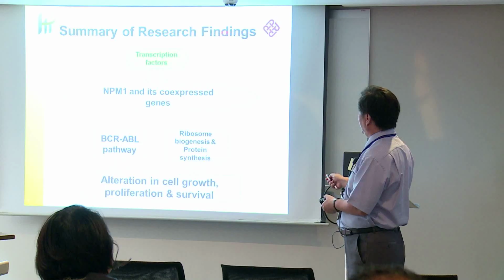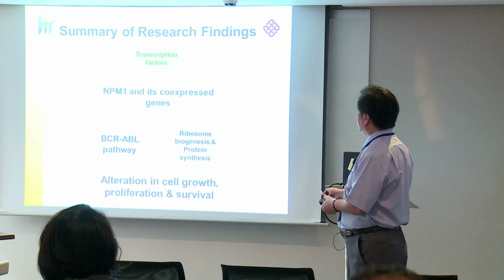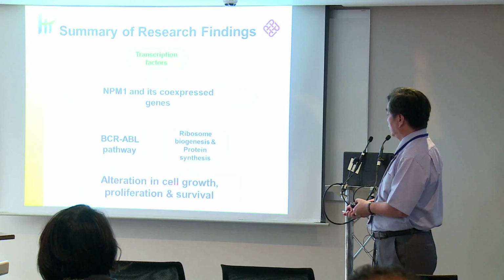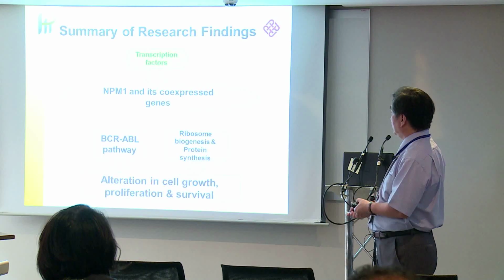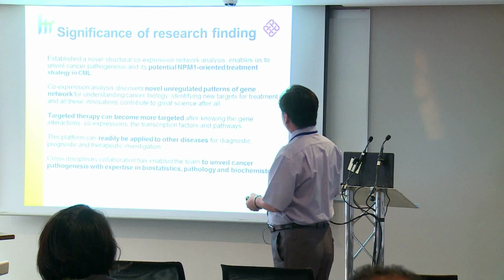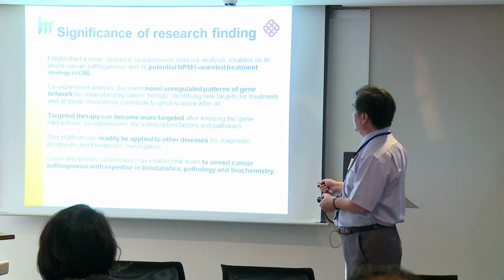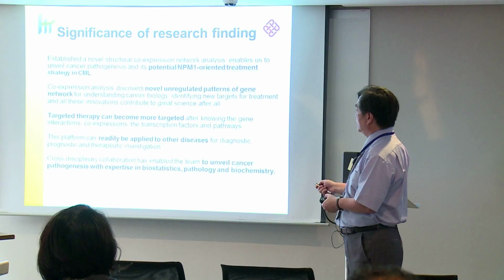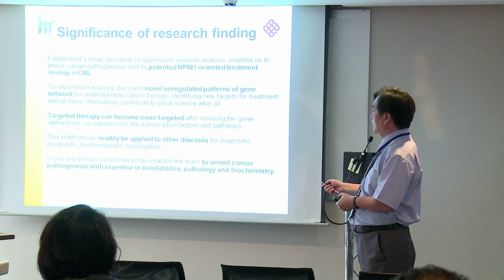So a summary of research findings: the transcription factors regulate B23 and its co-expressed genes, and also functionally regulate the BCR-ABL pathway and ribosomal biogenesis protein synthesis, leading to alteration in cell growth, proliferation, and survival. The significance of our finding is we established a novel structural co-expression network analysis, which enables us to unveil cancer pathogenesis and a potential NPM1-oriented treatment strategy in CML.